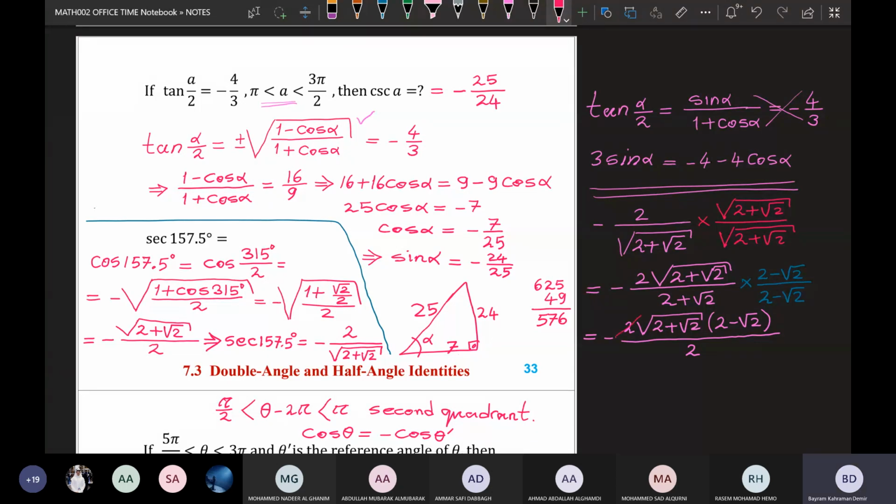So cancel the 2 here. So final result is negative root 2 plus root 2 multiplied by 2 minus root 2.